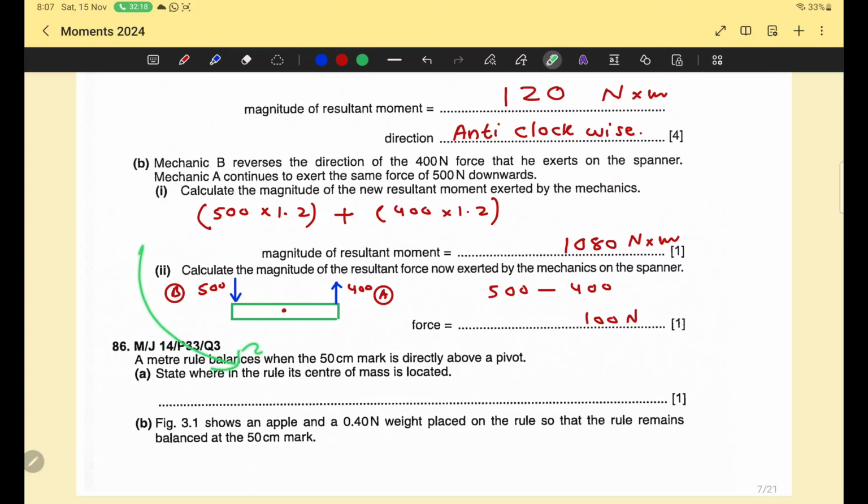Why? Because this is anti-clockwise and this is anti-clockwise. But when calculating resultant force, we subtract them. Why? Because this force acts downward and this force acts upward, so the forces are in opposite directions, but the turning effects are in the same direction. When turning effects are in the same direction, they are added, and since the forces are in opposite directions, the resultant force is calculated by subtracting the forces.